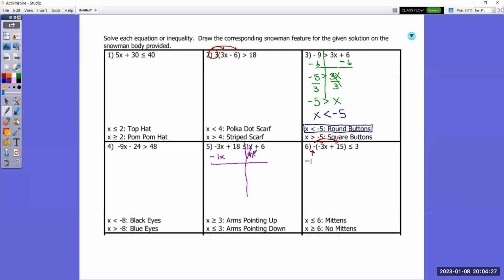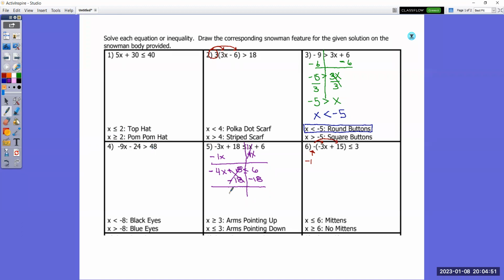So remember, you have to undo the x's on one side first. Use your calculators. -3 minus 1 is -4x plus 18. I'm going to keep my sign less than or equal to 6. All right, now the next step is I have to undo this plus 18 by doing a -18 on both sides.